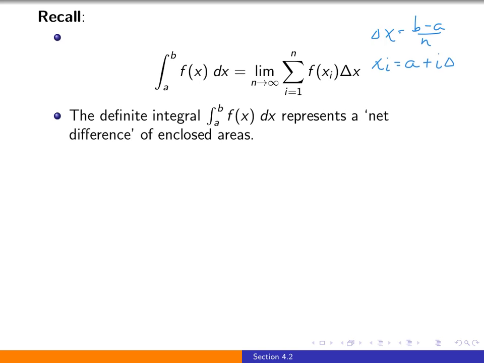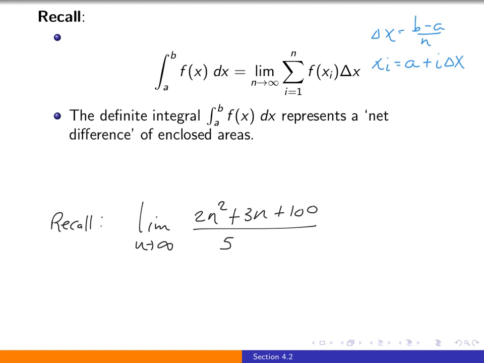x sub i is equal to a plus i delta x. Now, when we evaluate using this definition, we have to end up taking a limit. And what we are going to be taking the limit of will typically be something that is rational in n. So maybe a simple example would be something like (2n squared plus 3n plus 100) all divided by (5n squared plus 1).